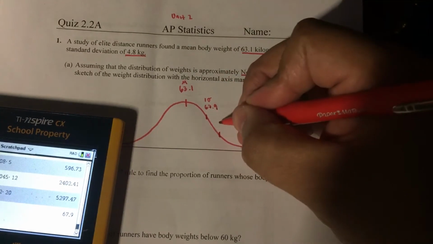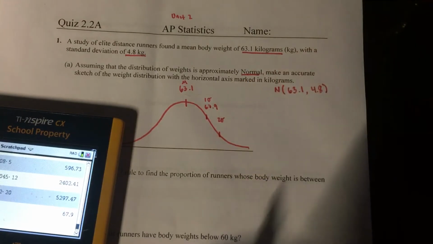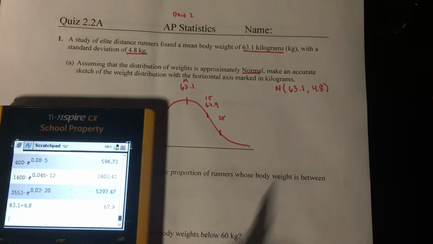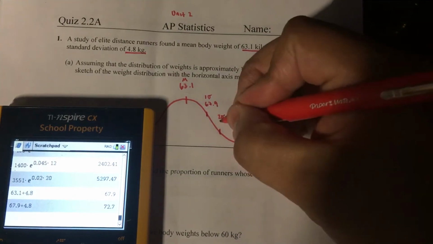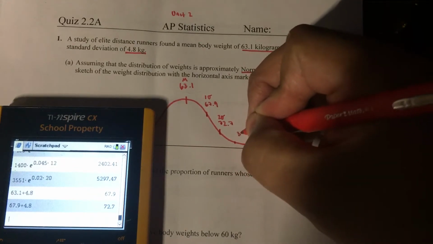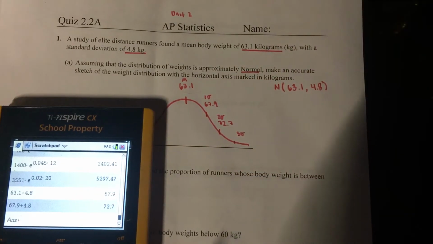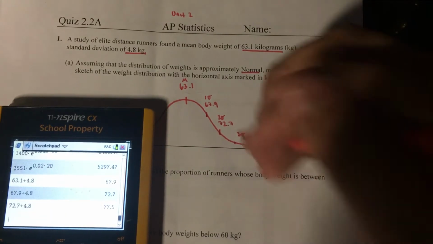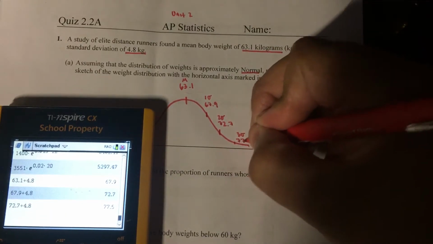Two standard deviations away, add another 4.8, so 72.7, and three standard deviations away, add another 4.8, so that would make it 77.5.